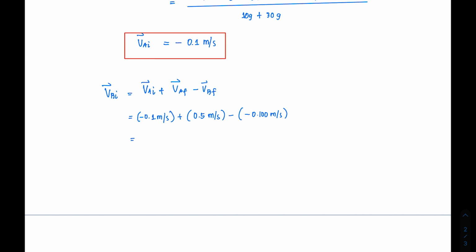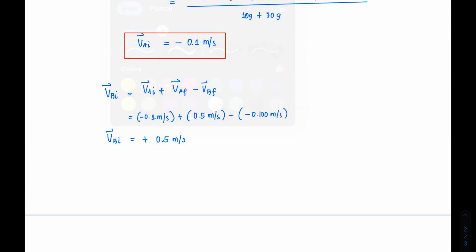When you work with this, it will be distributed, so that's positive 0.100, or 0.10. And then you add it with negative 0.10, so they will just cancel out. So it's very clear that the answer would be positive 0.5 meters per second. So this is your VBI.